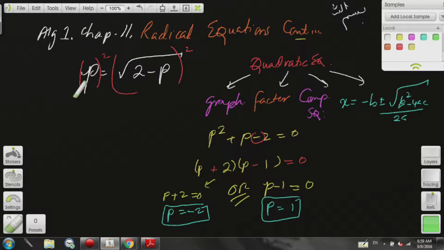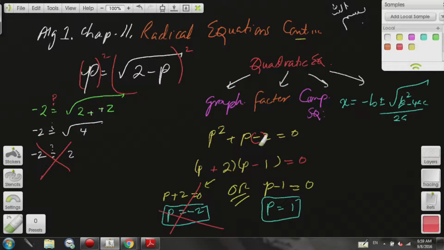Let's substitute negative 2: negative 2 equals the square root of 2 minus negative 2. Is this a true statement? 2 minus negative 2 is the square root of 4. Negative 2, does it equal the square root of 4, which is 2? No, not on this planet. So this is an extraneous solution. It does not work.